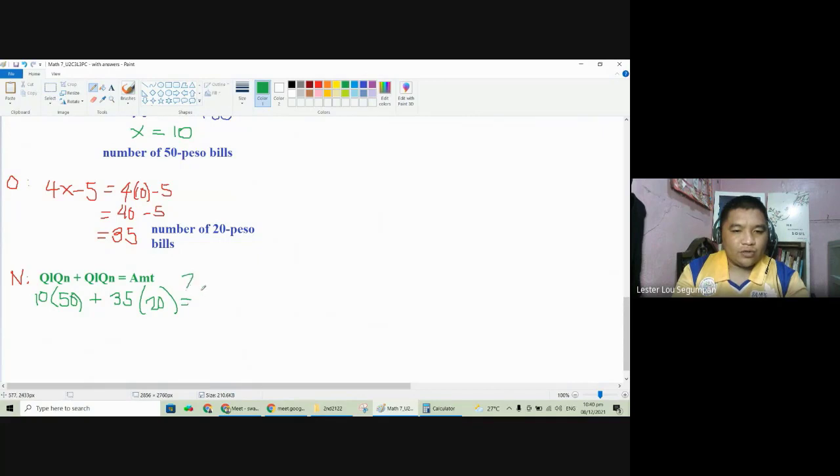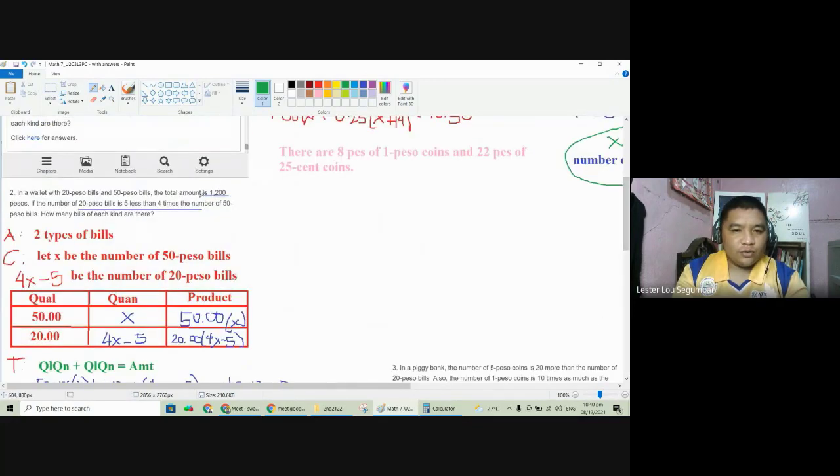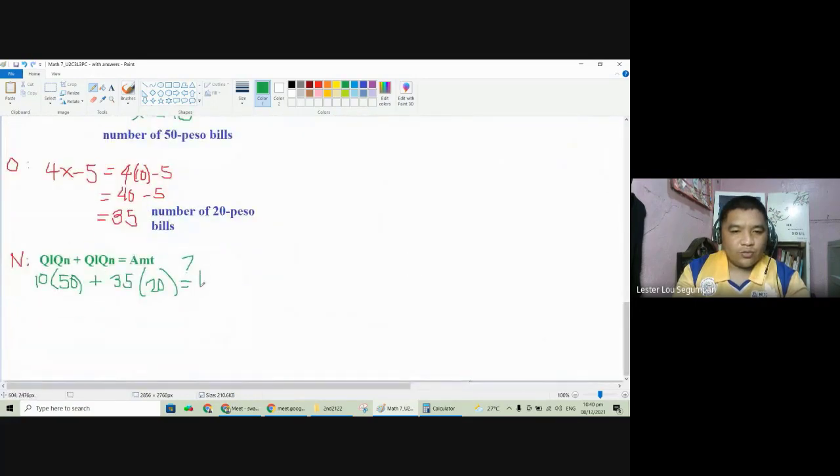Will it result to 1,200 pesos? Let's try 50 times 10 or 10 times 50 is 500. Here, sorry, that's plus 700. Though it's now specified, let's just continue further down. You will have 1,200 equals check mark 1,200.